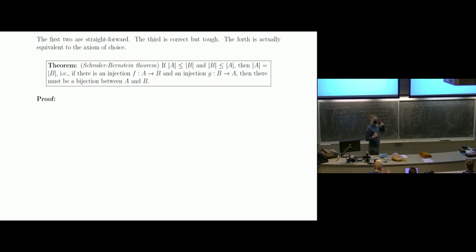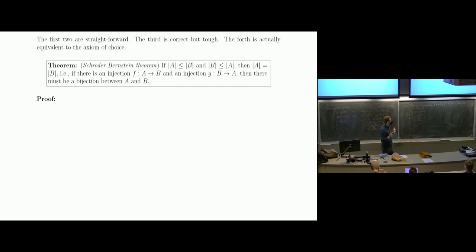Okay, so because these are injections, we know blue arrows that start in different places end in different places, and the same for the red arrows, right? So what I want to do is pick some of the blue arrows and some of the red arrows and then turn them around and then somehow get a bijection.